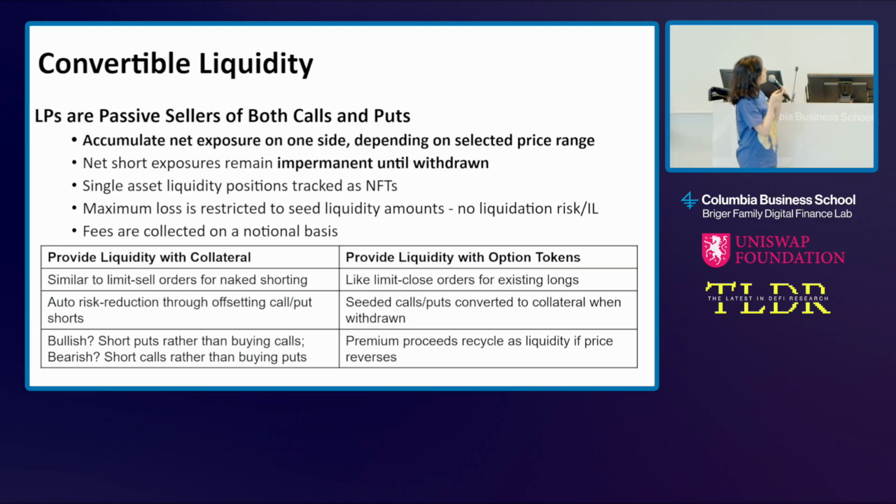In this form of liquidity provision, LPs would have to supply basically the expected return of a call token to be able to sell calls, and vice versa. Depending on the price range they choose, they would be able to accumulate net exposures in either calls or puts. And they could also supply liquidity using options tokens. This form of LP position is essentially like a close-limit order.